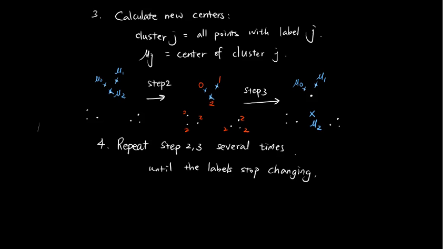But according to theory, if you run this several rounds, the label will converge, which means that it will go to a certain stage such that the label, after going to step 3 and coming back to step 2, is not changed again. So you can try to detect this behavior. If the label does not change for one step, then it is not going to change forever, right? So you can stop at that point.